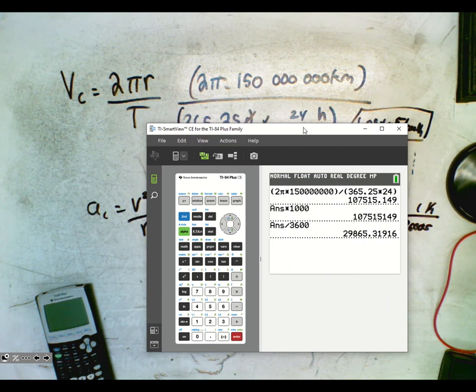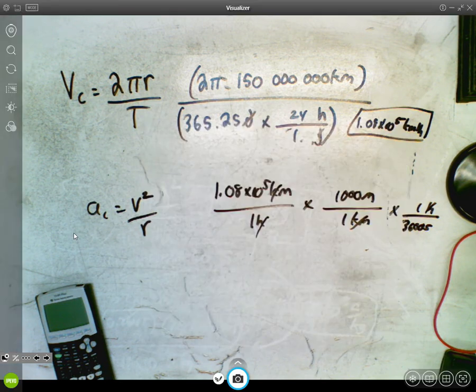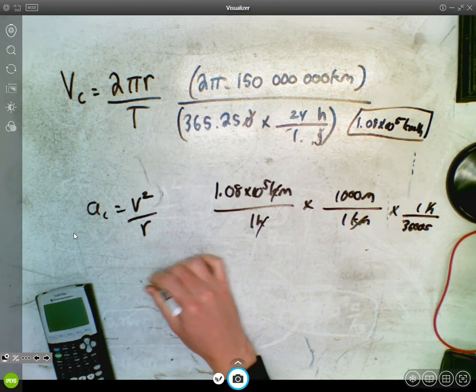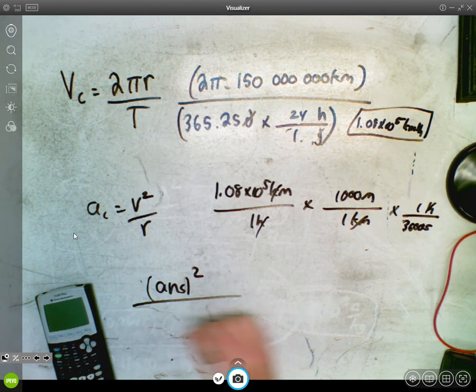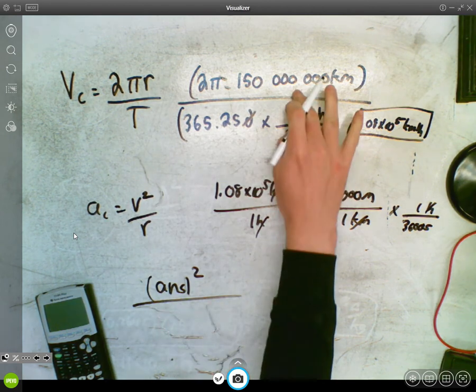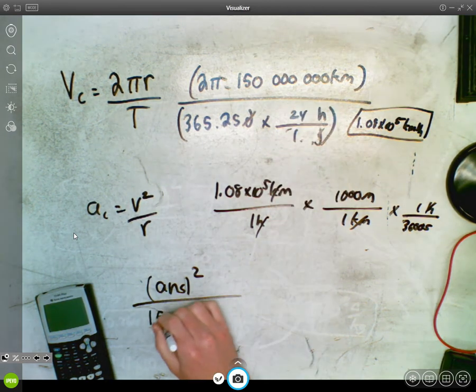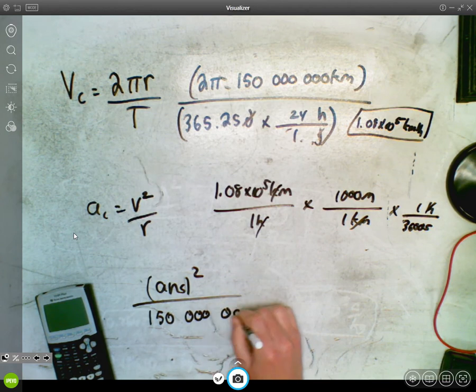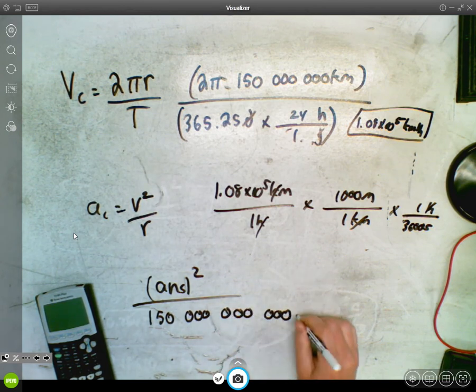So now I can just plug it in, right? I can plug in my answer squared, I forgot what that was. And then I have to make sure that my radius is in meters. So I have 150 million kilometers. But if I want it to be in meters, I just have to add on 3 zeros.